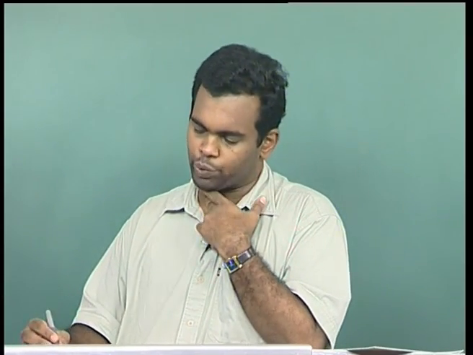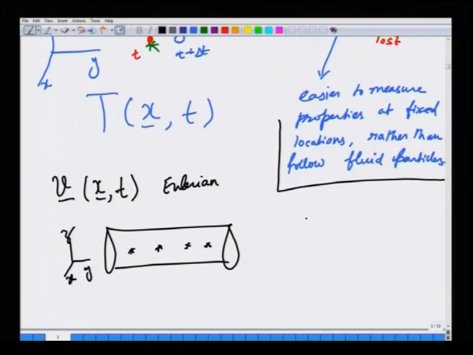But there is a problem with the Eulerian description, in the sense that suppose I have this information, temperature as a function of spatial location and time, and suppose I take this partial derivative. Temperature is a function of the vector x, which is a combination of 3 variables, so x, y, z, and time.